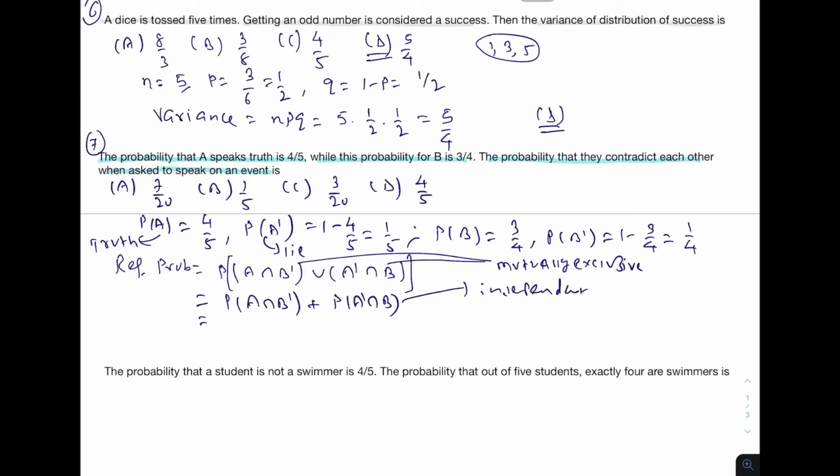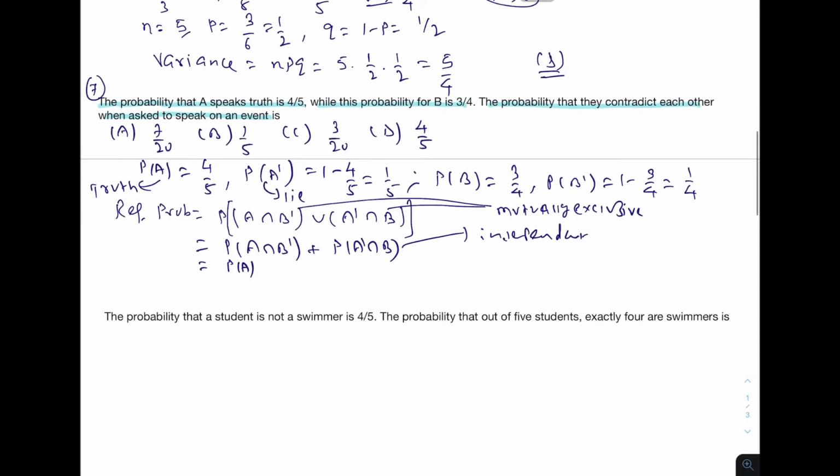So we can write PA into PB dash plus PA dash into PB. So that is 4 by 5 into 1 by 4 plus 1 by 5 into 3 by 4, which is nothing but 7 by 20. So that is the answer, option A.